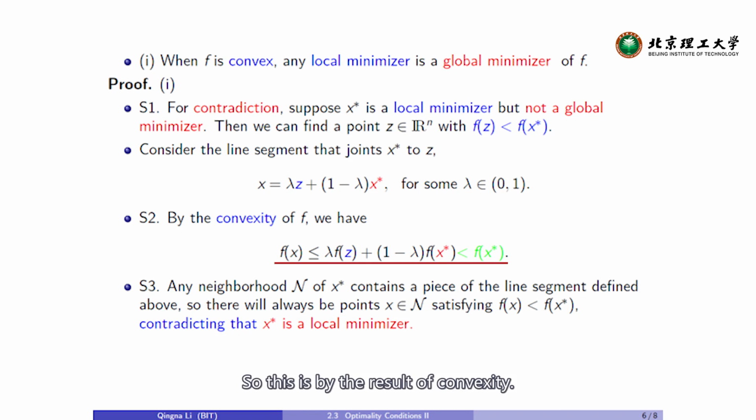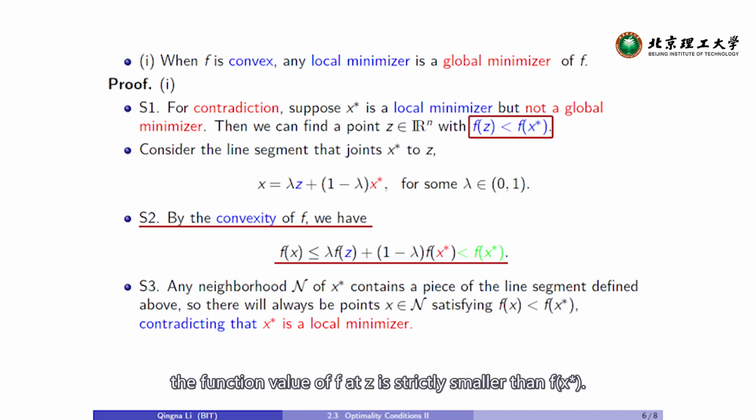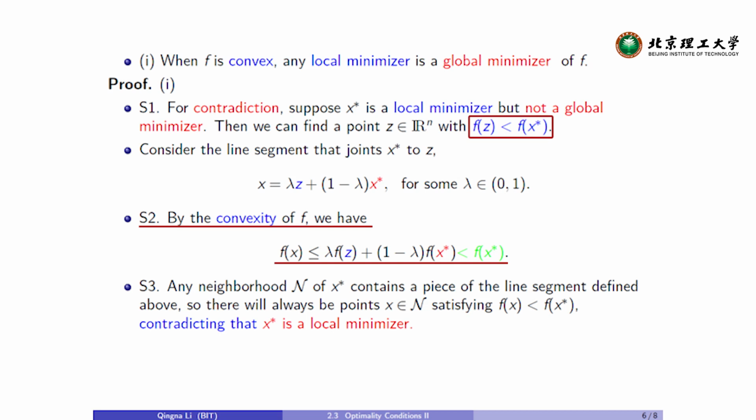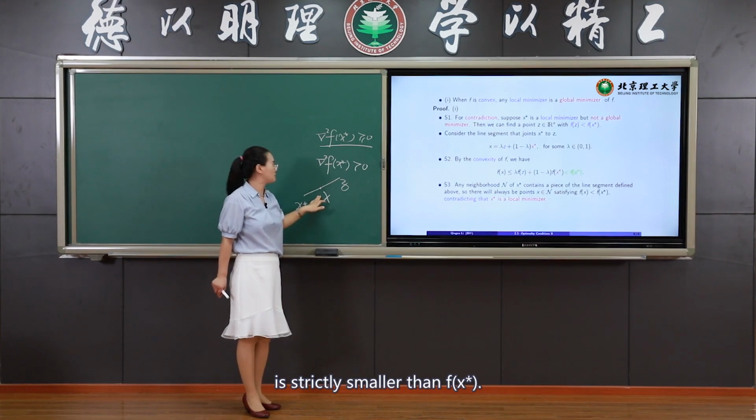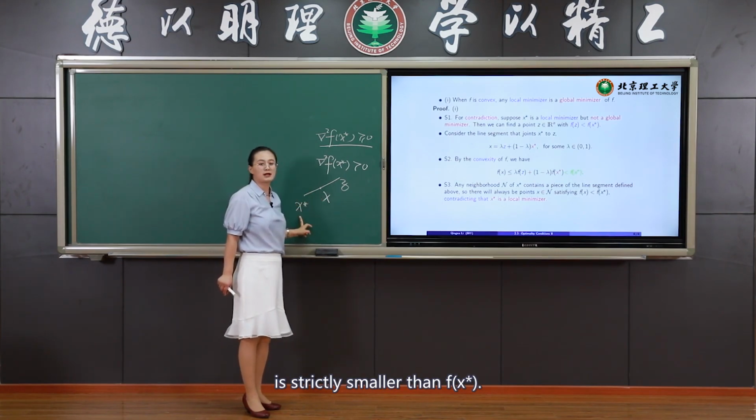This is by the result of convexity. Moreover, we have assumed that the function value of f at z is strictly smaller than f of x star. Therefore, we get that f of x, the function value along this line segment, is strictly smaller than f of x star.